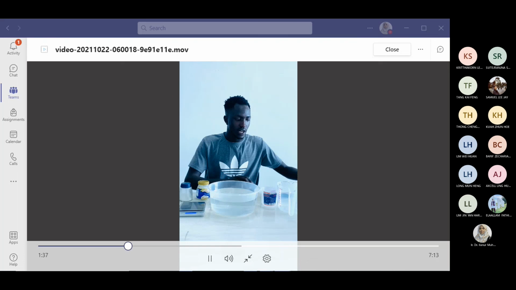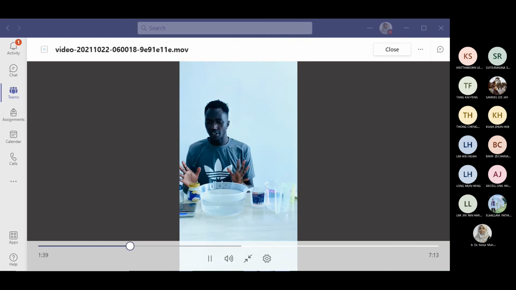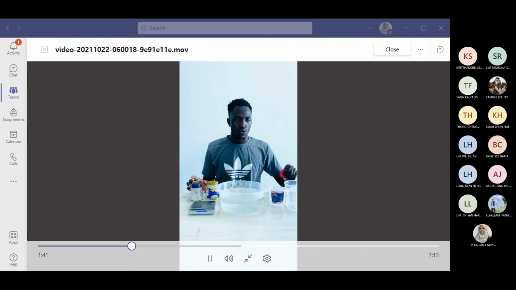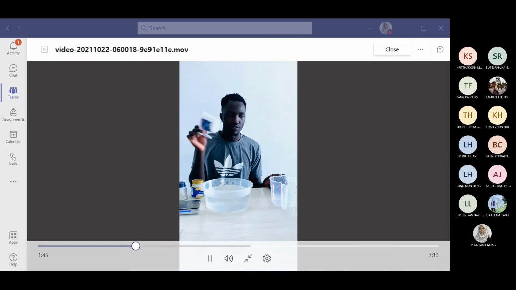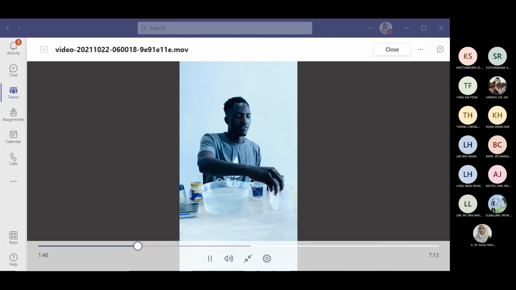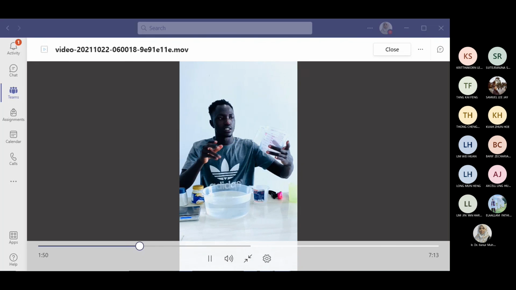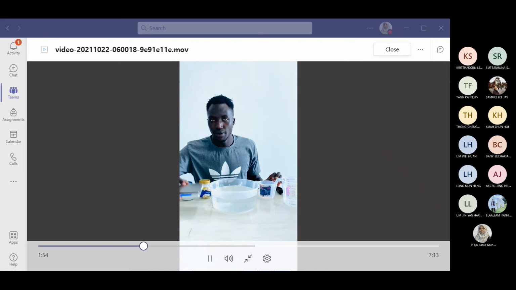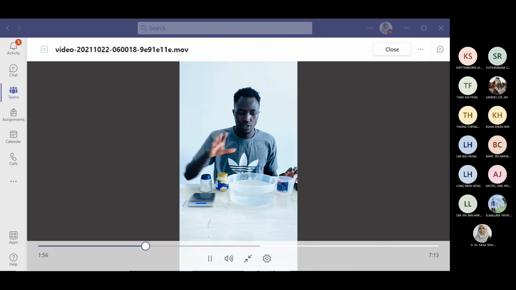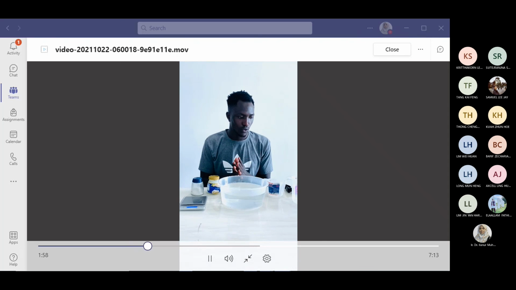So right now we are going to move on. The other apparatuses that we have are the spring balance, a beaker, our overflow can with the indications, a beam balance here, and then this is generally for water.